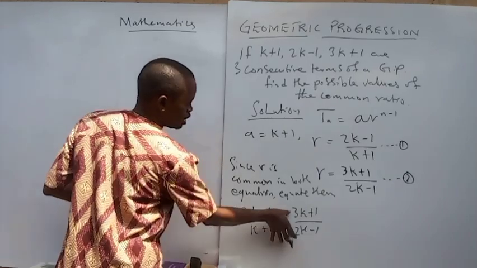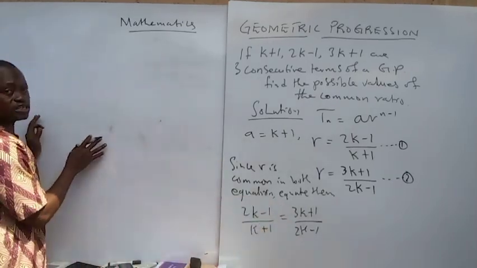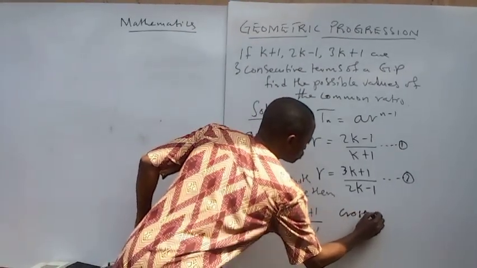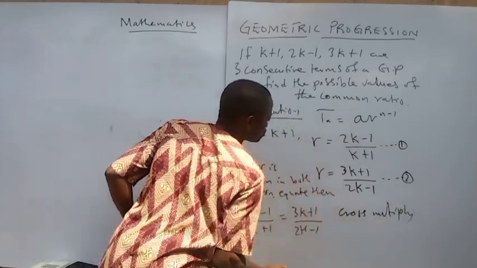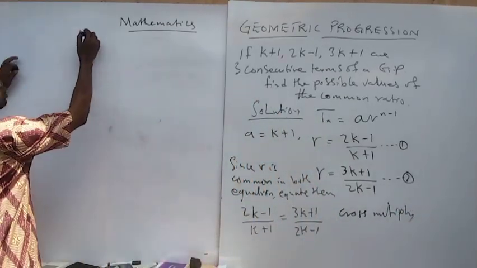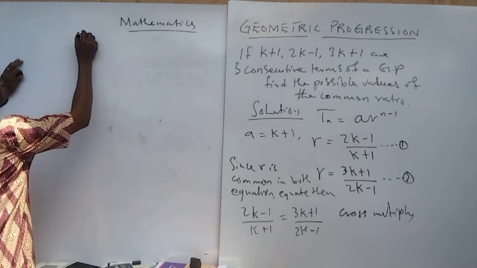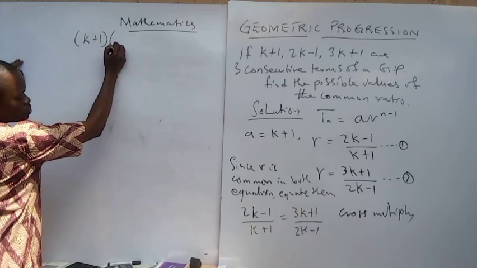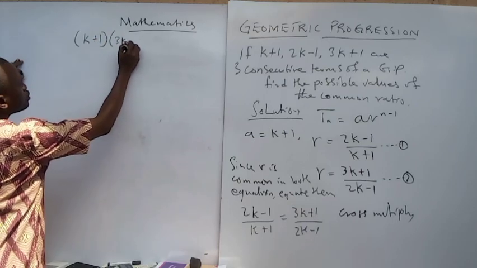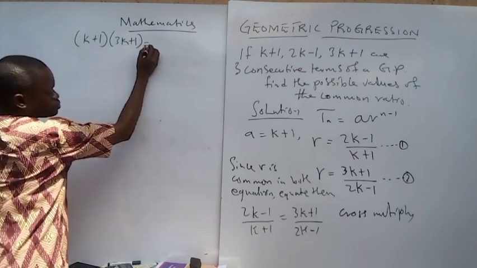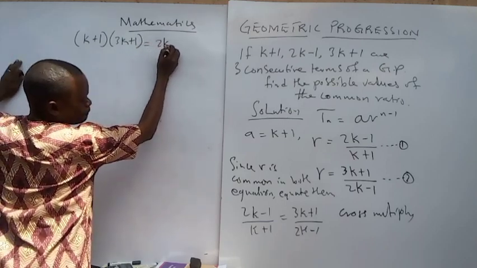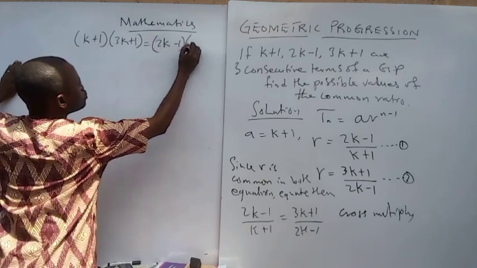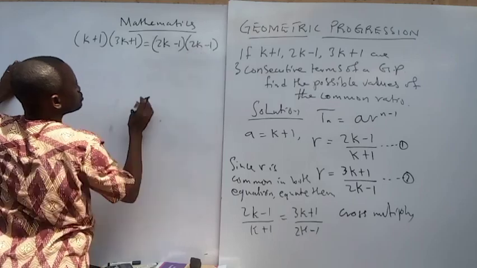So we are here now in simplification of algebraic fractions, and in a matter like this, you cross multiply. So we are going to have k plus 1 in bracket times 3k plus 1 equals 2k minus 1 times 2k minus 1.